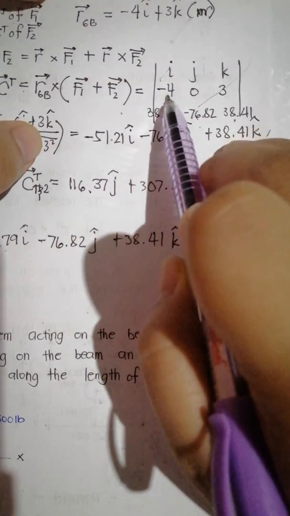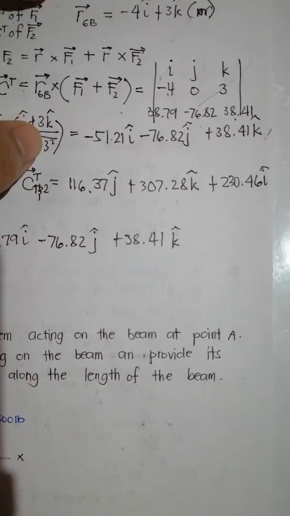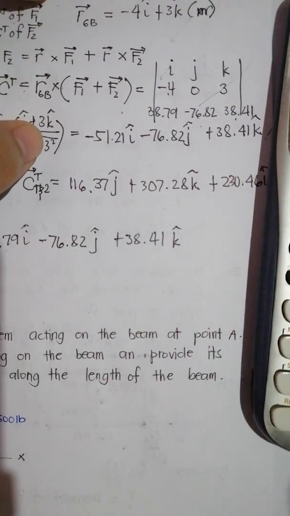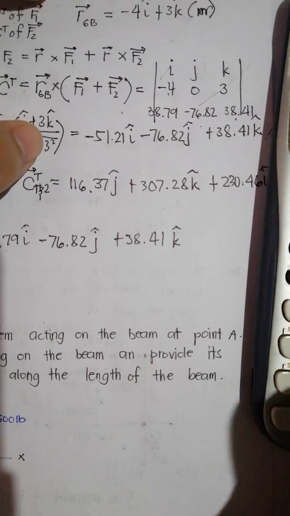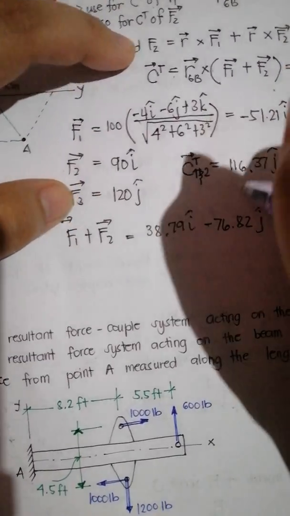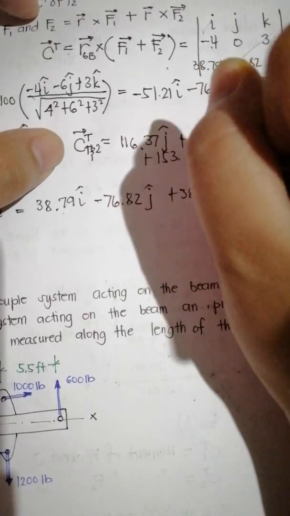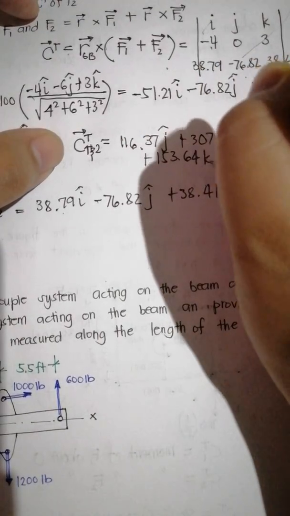Okay, last, 38.41 times negative 4 times negative 1, it becomes positive. 38.41 times 4 is 153.64, so plus 153.64.